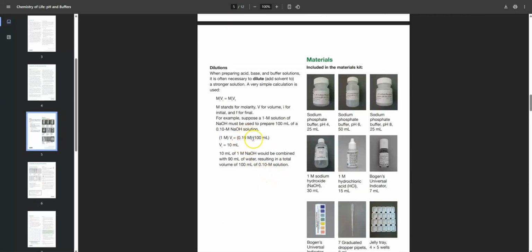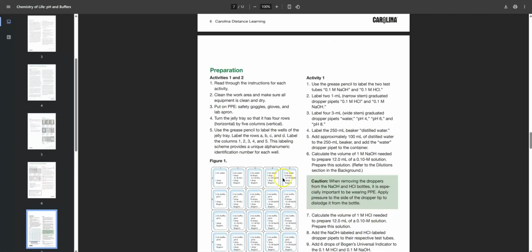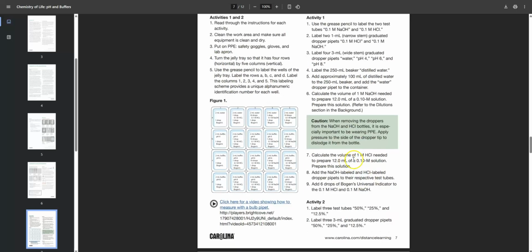So instead of 0.10 times 100, it's going to be 0.10 times 12. You'll do that math and find a milliliter amount, and then you just want to subtract it from the information that you have. You'll do the same thing with hydrochloric acid. With the 1 molar solution, you're doing 0.10 times 12, and that should give you your answer.